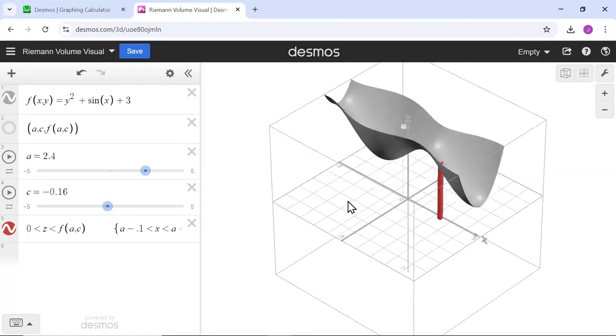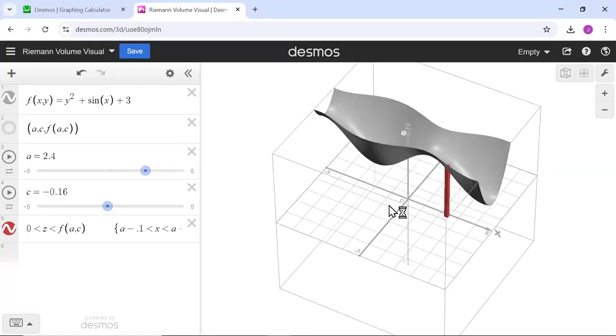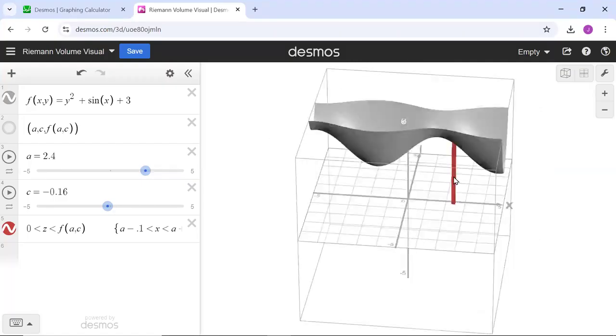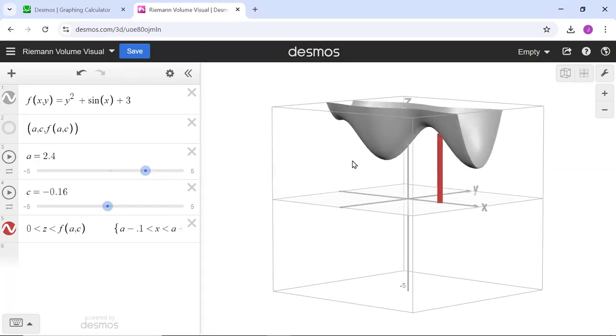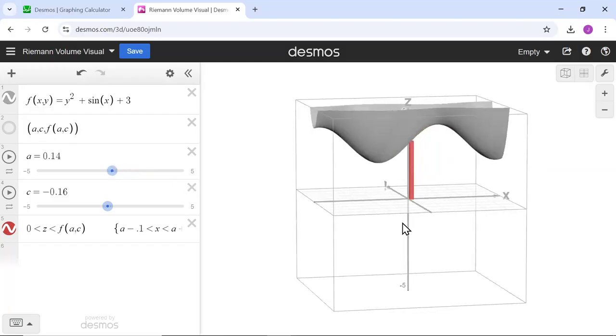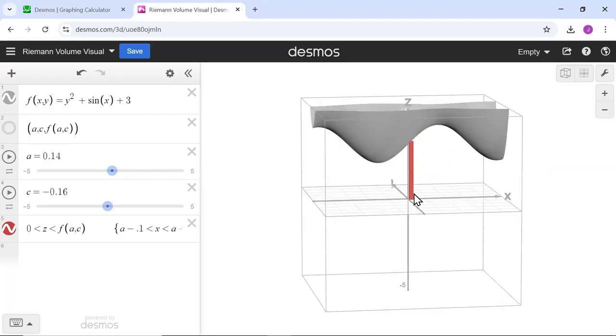Now here I have another surface drawn, and this is just to visualize what those summations are actually doing. Those little summations are giving me the Riemann sums. I'm adding up a bunch of little bars like this.